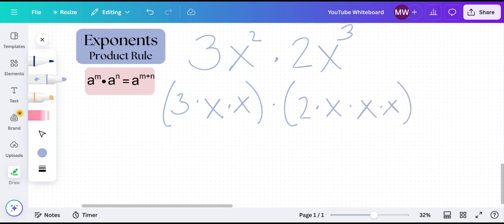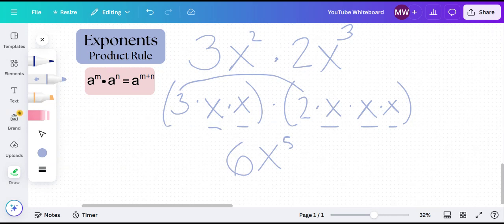So this is the same as before, where we would just count up all of our x's, right? So we would have x to the fifth, but we have to multiply the big numbers, these coefficients. They actually get multiplied. So 3 times 2 is 6. So that would go out front.